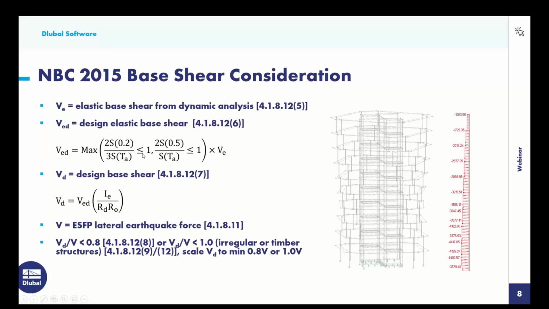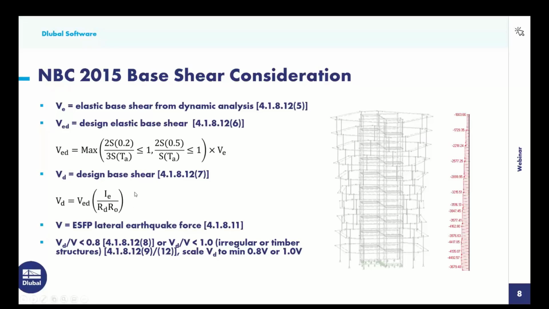We don't necessarily always apply this factor, so you do need to refer to the code to see if this is applicable for V sub ED. Then from here, we refer to 418.12.7 to calculate the design base shear, V sub D. Well, V sub D will just simply take V sub ED that we calculated in the previous step, and we multiply it by IE and divide by RD and RO.